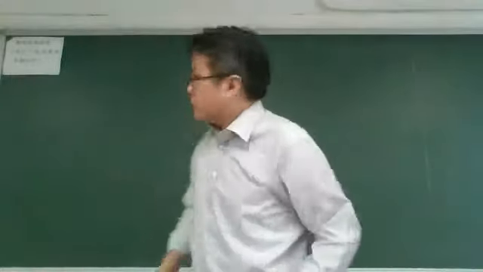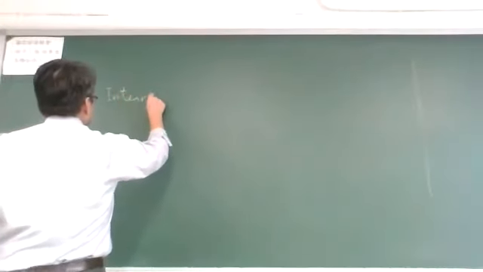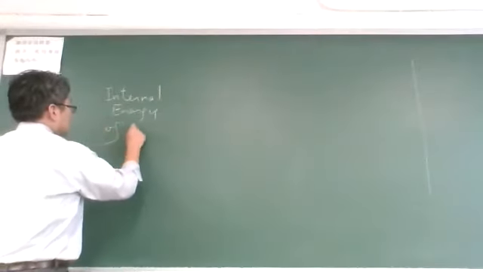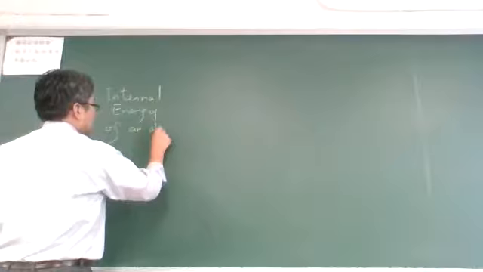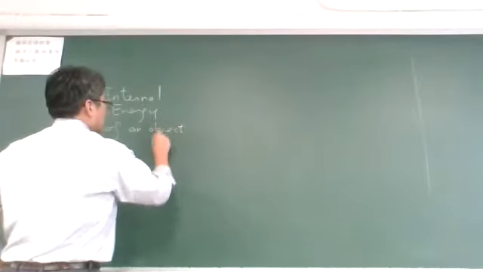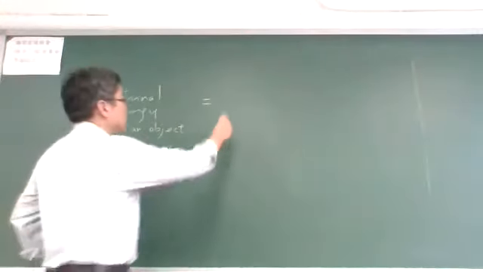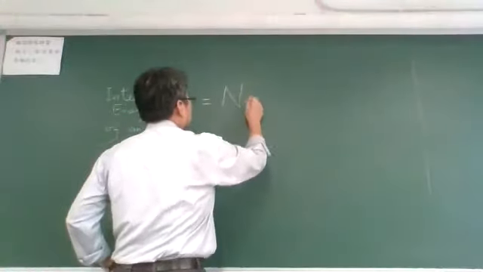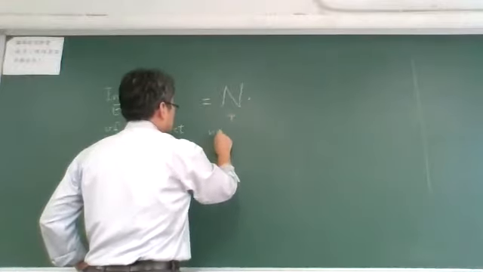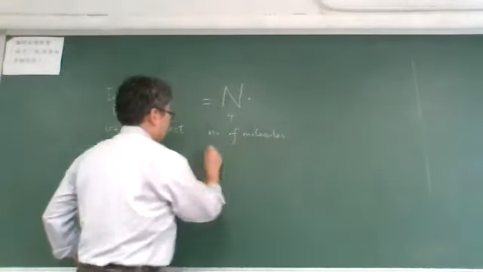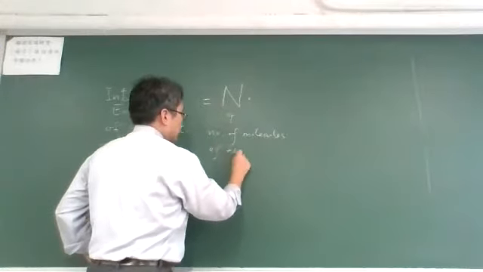The idea is that the internal energy of an object is equal to N times, where N is the number of molecules of the object.